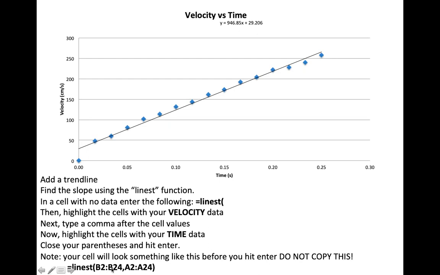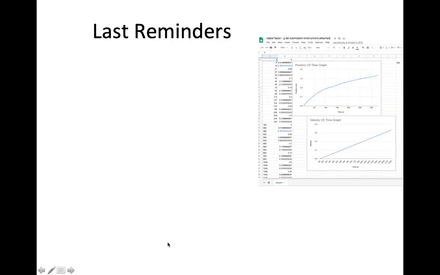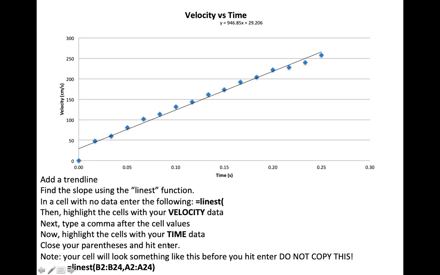Like I said, it's going to end up looking something like this, but it's not going to be exactly that. It's going to depend on your particular Google Sheets. But it's just a way for us to get our most accurate trend line slope, which is ultimately going to give us our acceleration due to gravity.